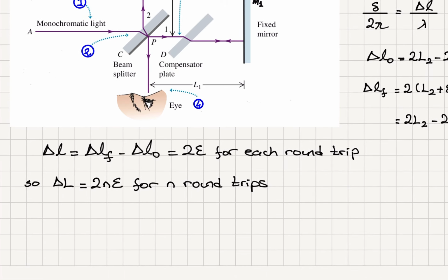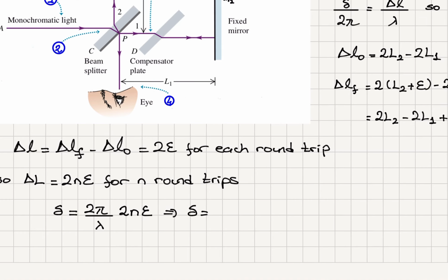So the phase difference that will develop is 2 pi divided by the wavelength lambda times the path difference 2n epsilon. So for 280 round trips, the phase difference that will develop is equal to 4n pi epsilon divided by the wavelength.